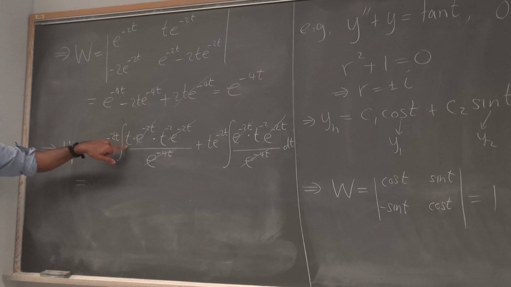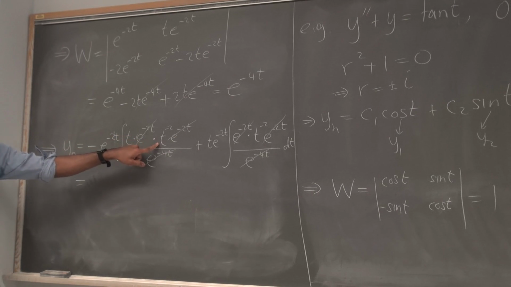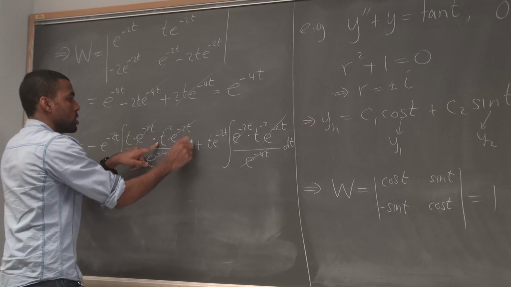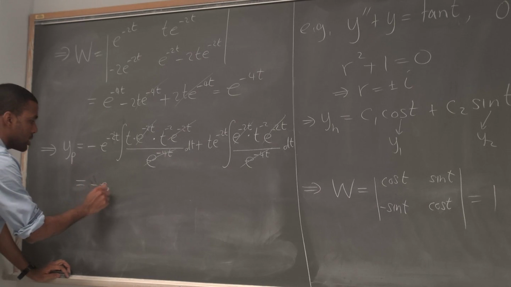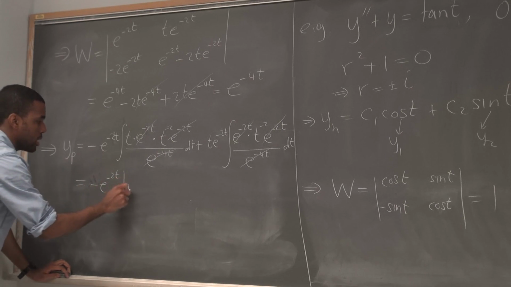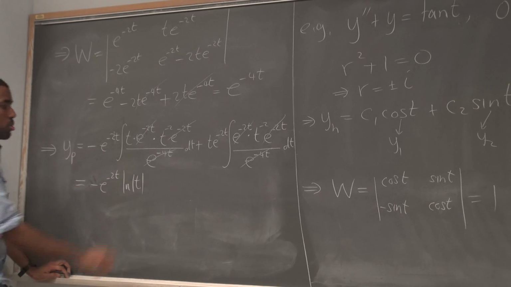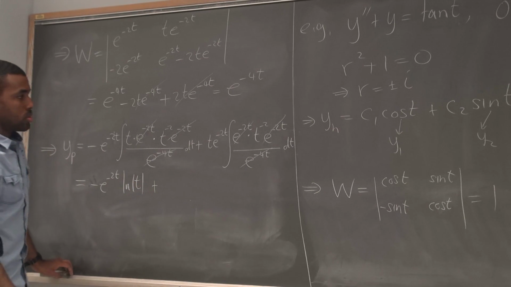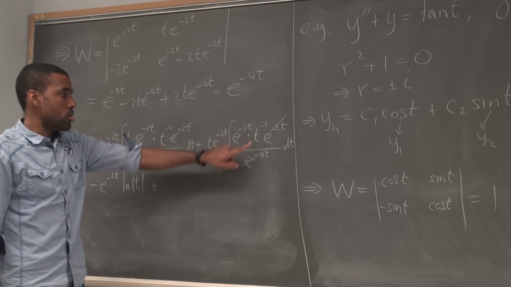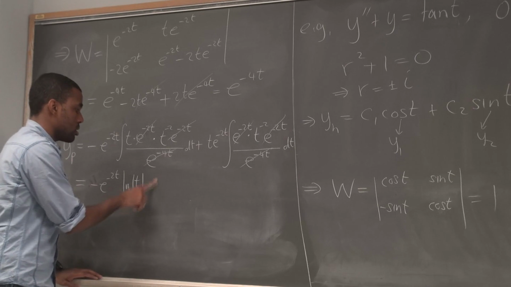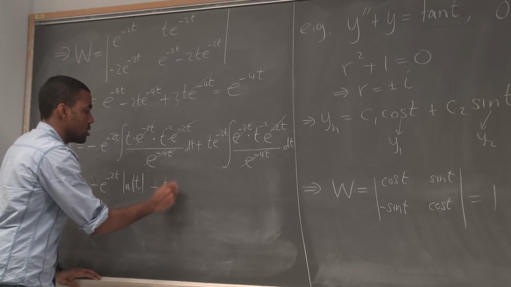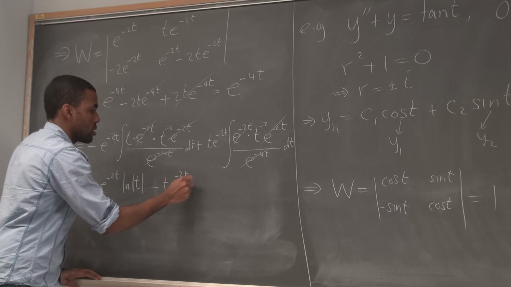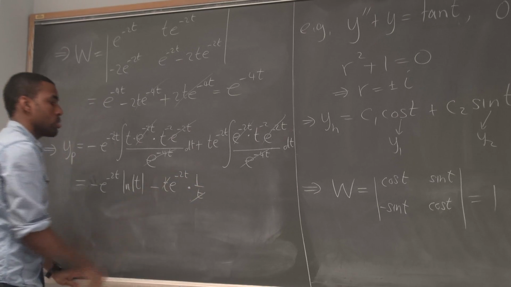So this gives us t times t^(-2), which is t^(-1). We integrate that, we would just get ln, right? So it's minus e^(-2t) times ln t, plus, this is just t^(-2). The antiderivative is minus t^(-1), which the t's would cancel.